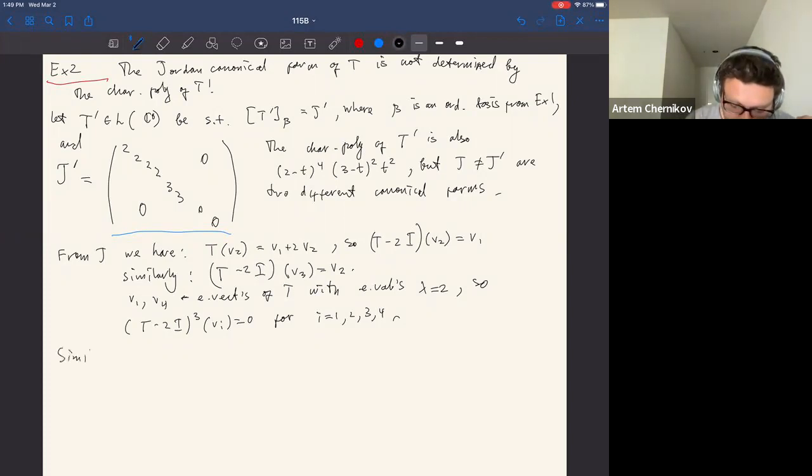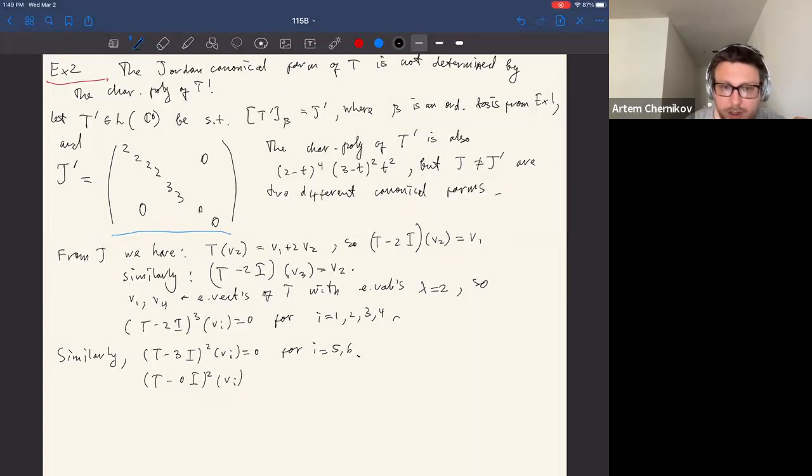Similarly, if we calculate, (T minus 3I) squared of Vi is 0 for i equal to 5, 6, and (T minus 0I) squared of Vi is 0 for i equal to 7, 8.